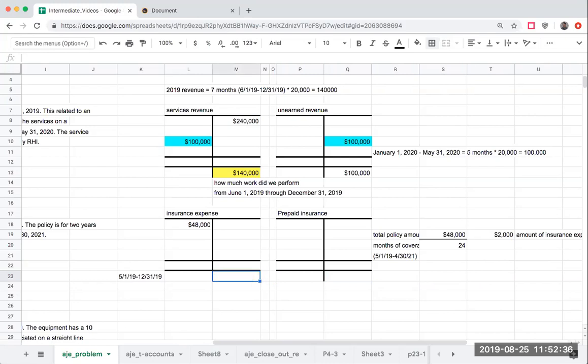So the amount of insurance expense that should be recognized here is 8 months times $2,000 per month, or a total of $16,000. So if I put $16,000 here, what I'm realizing is that $48,000 does not equal $16,000. So I need to make an adjustment.